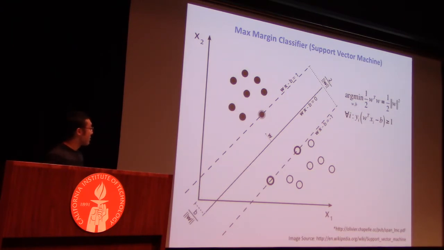And so it's: minimize the norm of W subject to the constraint that for all training examples i, the unnormalized signed distance is at least 1. So this is a quadratic minimization problem subject to linear constraints.